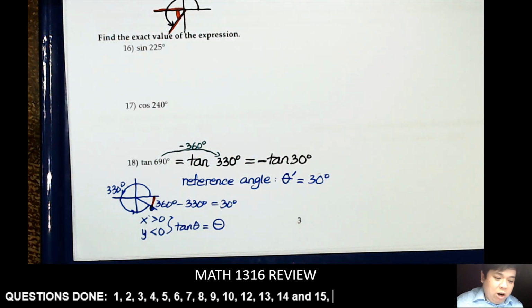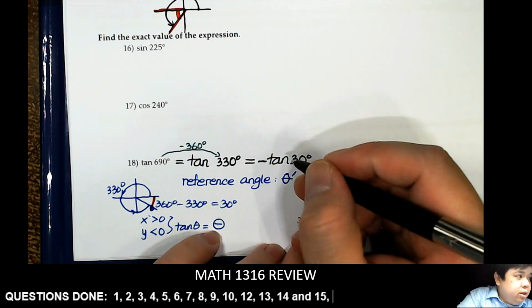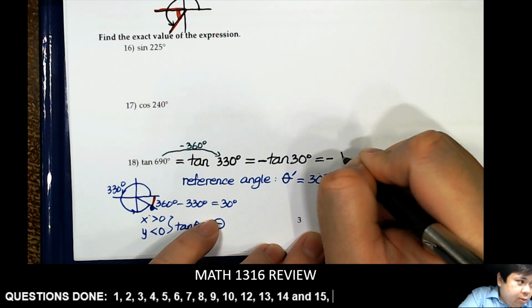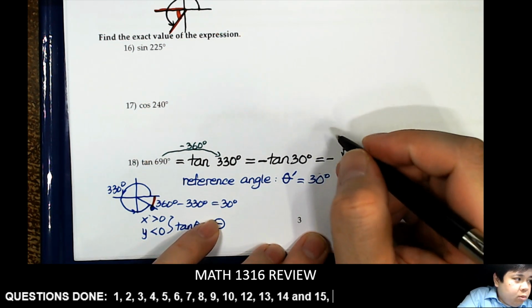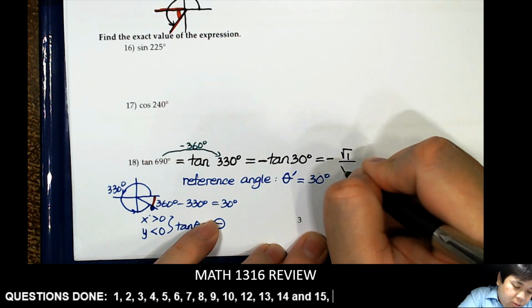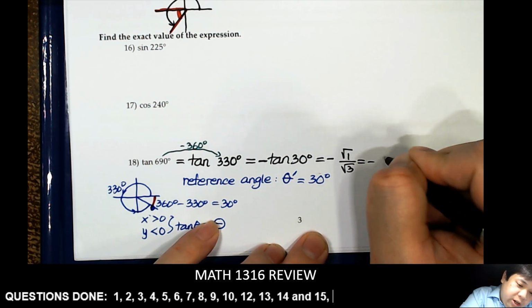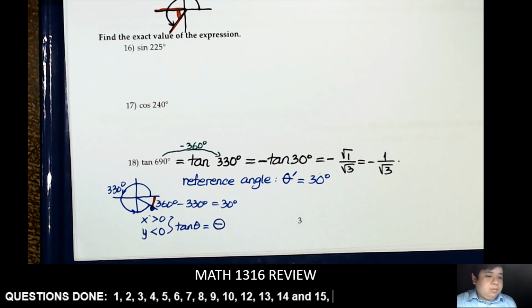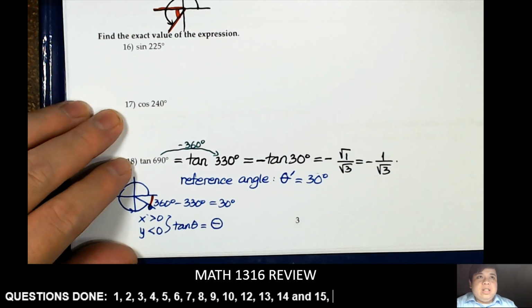So square root of 1 over square root of 3. So negative 1 over square root of 3. And the others will be similar.